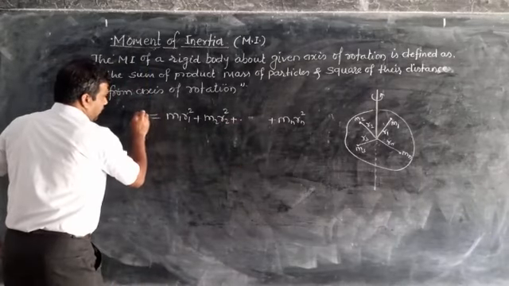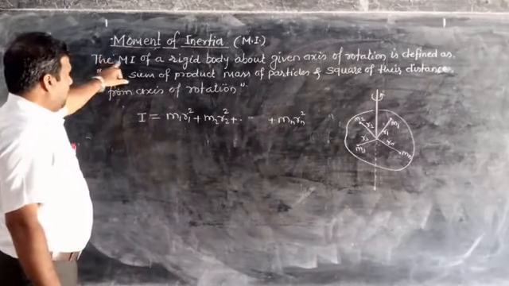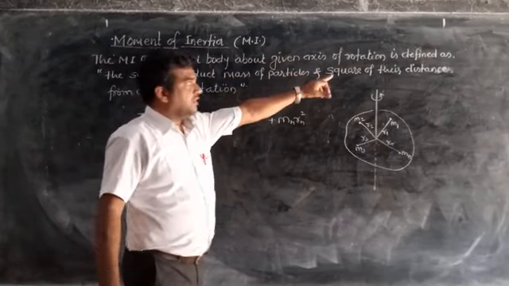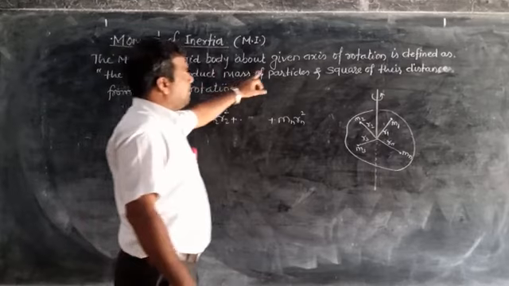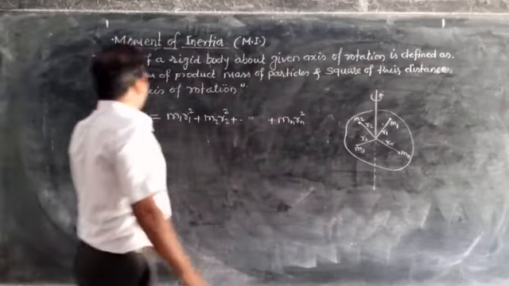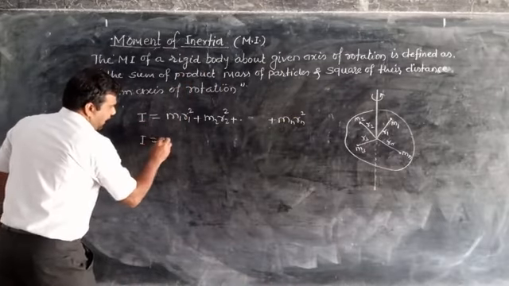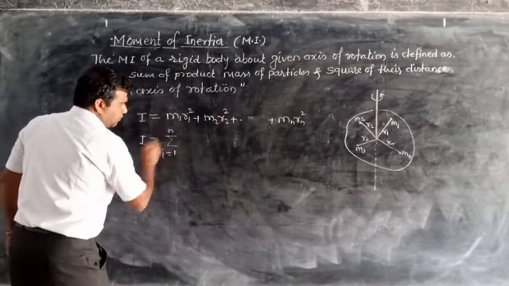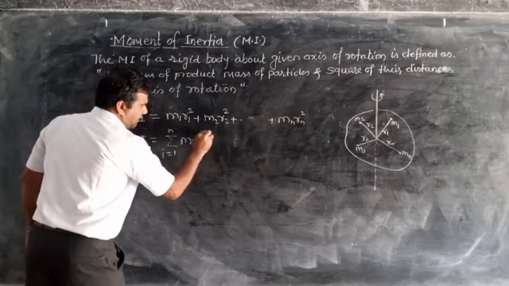It is represented by I. So by definition, the moment of inertia of a rigid body about a given axis of rotation is defined as the sum of the product of mass of particles and square of their distance from the axis of rotation. This can be written as I equals summation from i equals 1 to n of mi ri square.